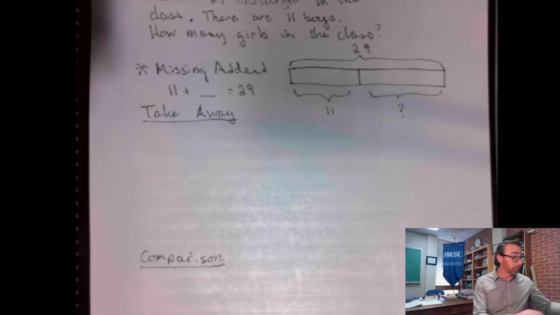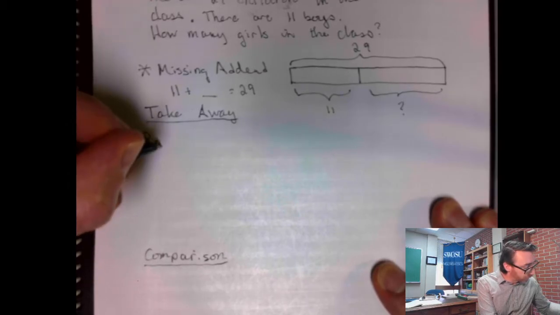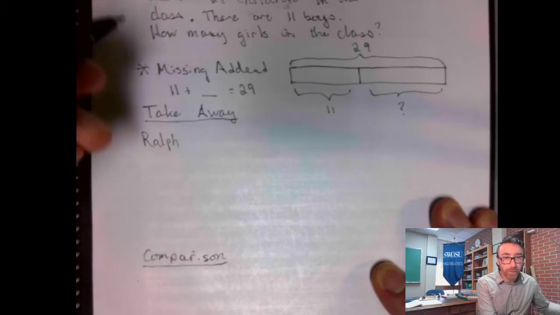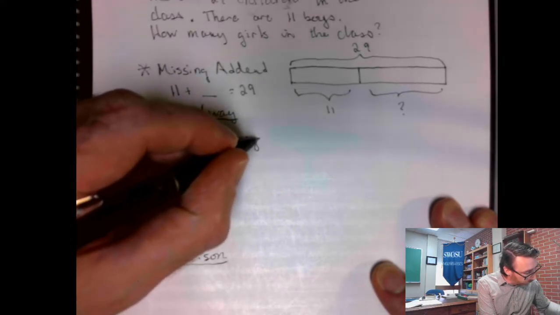Another important way to think about subtraction is the takeaway model. Let's make it something like this. Ralph has 12 eggs.